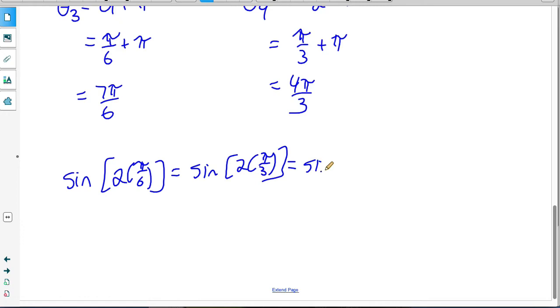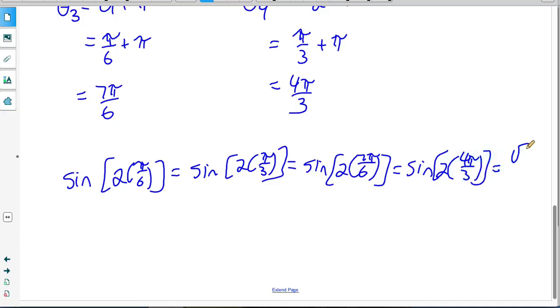And those are both equal to sine of 2 times 7 pi over 6, and sine of 2 times 4 pi over 3, and these are all equal to root 3 over 2. You could check all of these in your calculator, and they should all be equal to root 3 over 2. So we found all the angles that when you double them, we get a sine ratio of root 3 over 2.